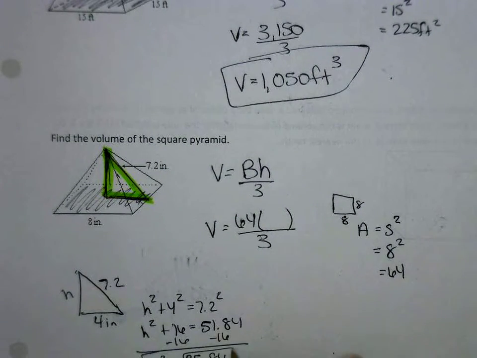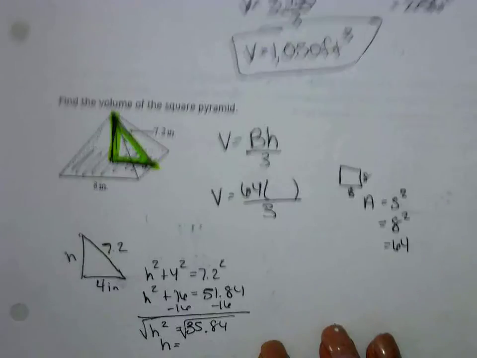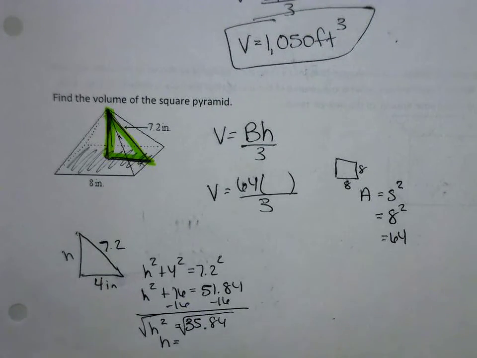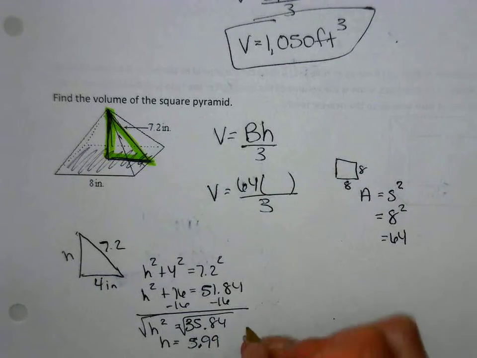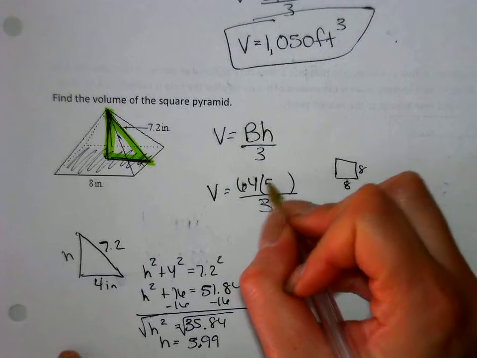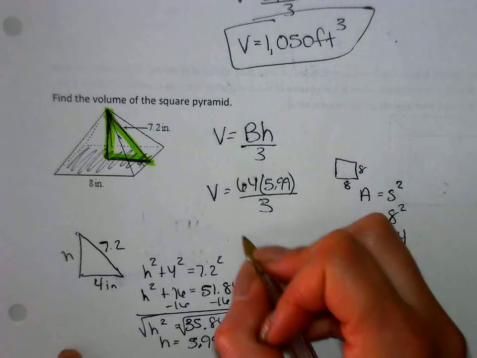Lastly, we square root both sides to find the length of our height. The square root of 35 8400ths is 5.5 9900ths. So our height is 5 9900ths.